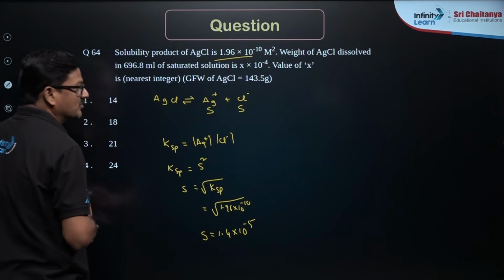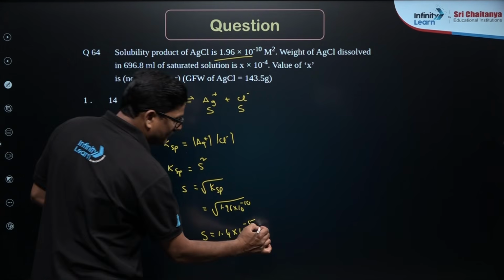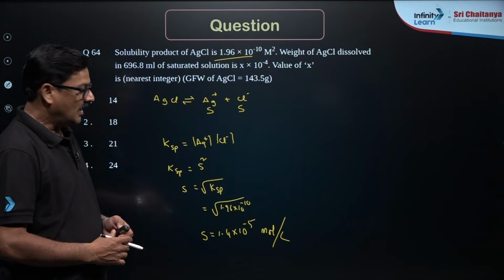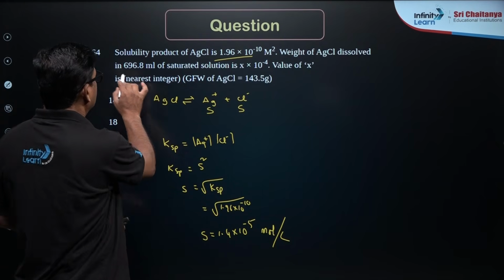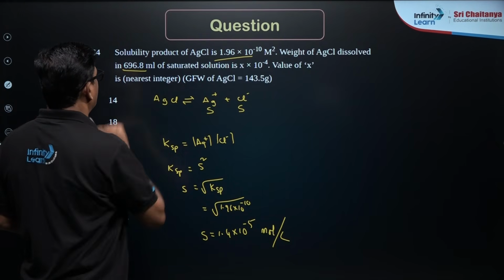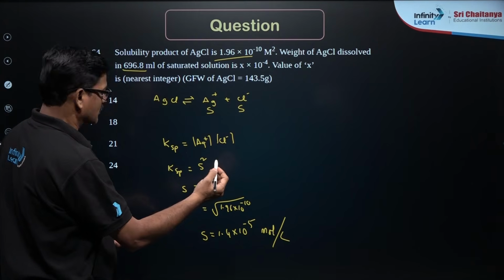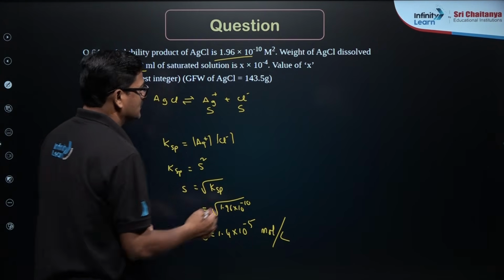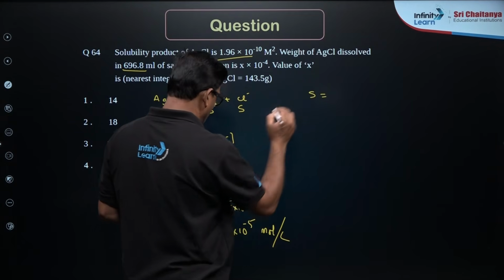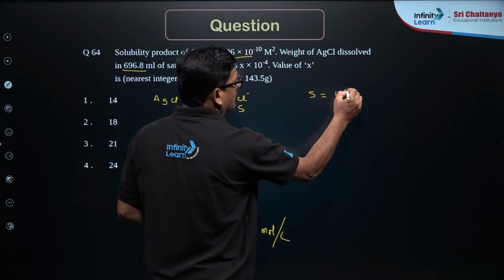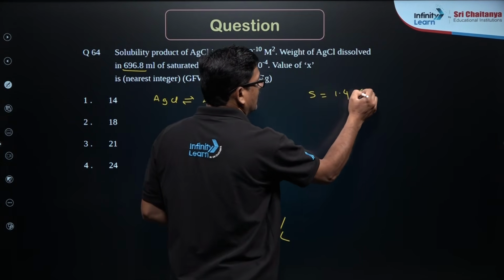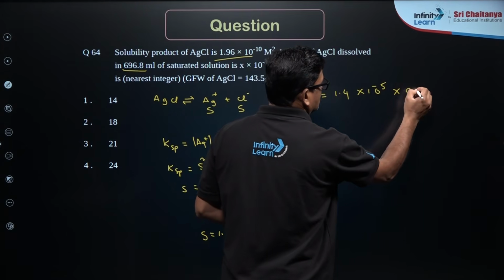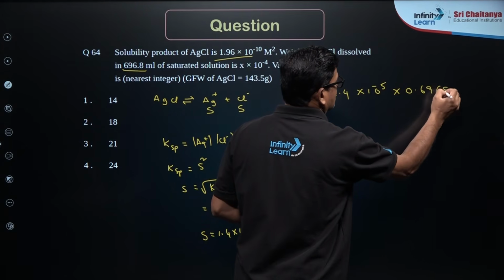That is its solubility. Solubility is given in moles per liter, and it is given for 696.8 milliliters, that is 0.6968 liters. So the number of moles is 1.4 into 10 power minus 5 into 0.6968.